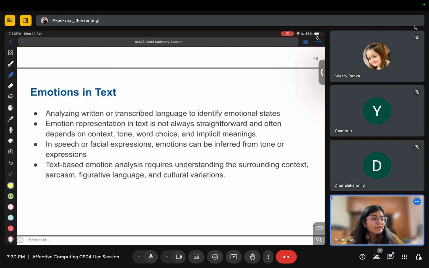You have to analyze the whole context. So we need to analyze the written or transcribed language to identify emotional states. Then it is not straightforward and often depends on context, tone, word choice and implicit meaning.